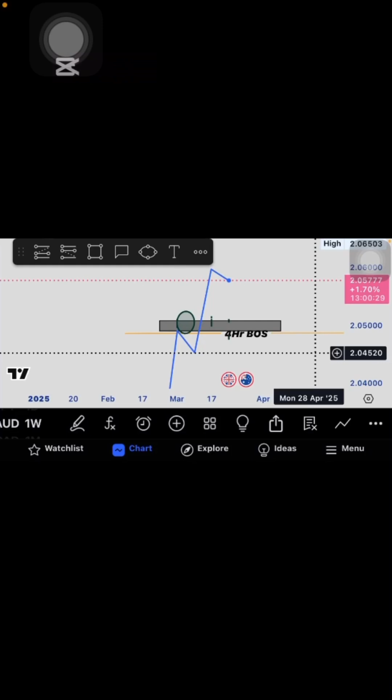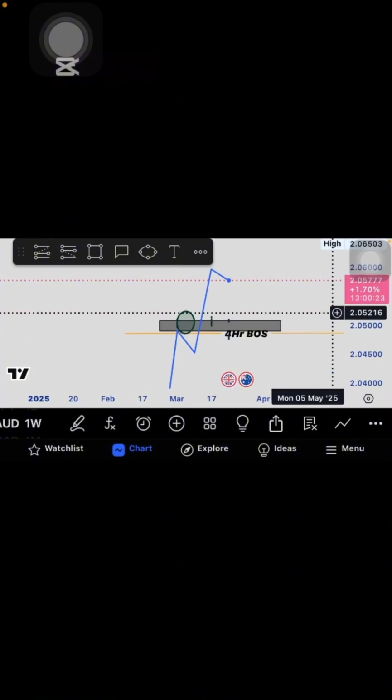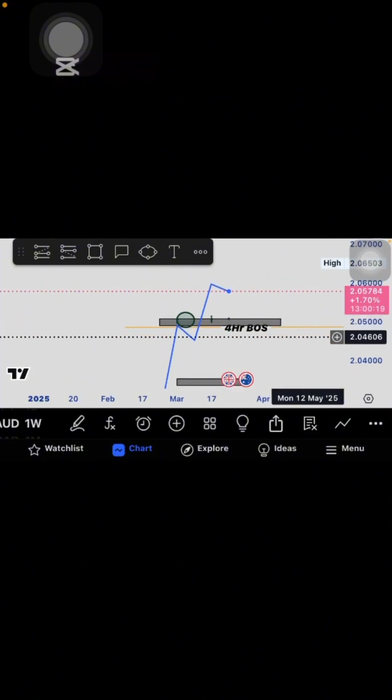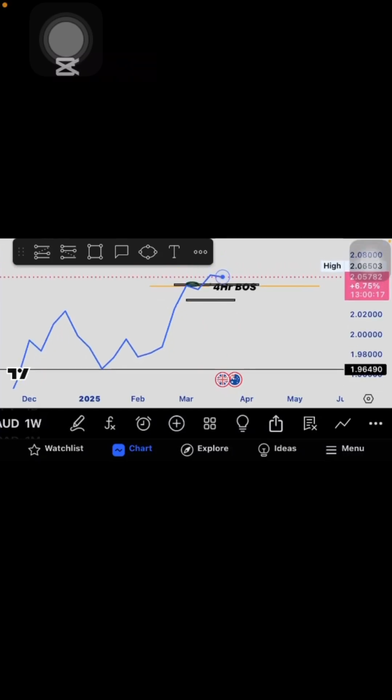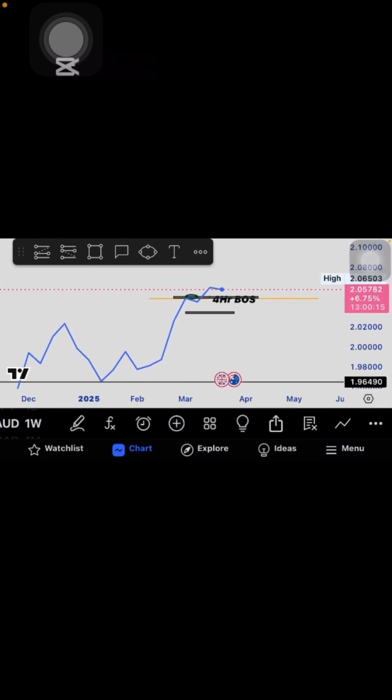But the market came very close, went back up, and did not close below the previous low. So on the weekly we are bullish on the GBP AUD. Let's go to the daily.